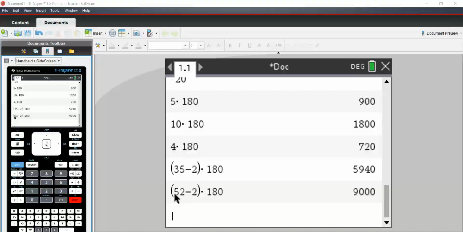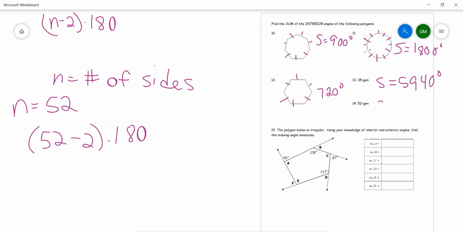All right, and that's going to be 9,000. So S equals 9,000 degrees.